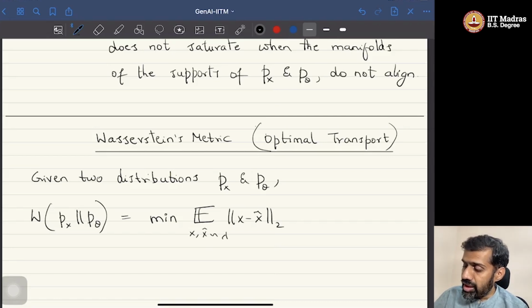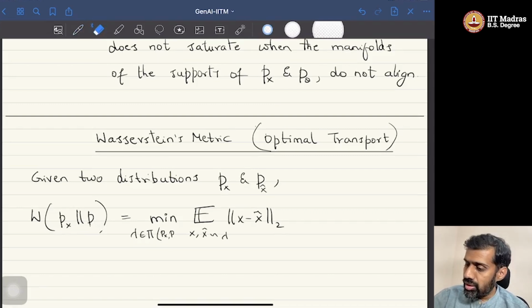Okay, and the optimization is over all possible joint distributions between px and p theta. Okay, let me define it as x bar for convenience.